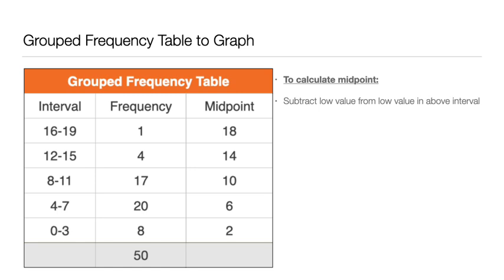So for that range, remember, we took 18 minus 0, and that was fine, right? The top number minus the bottom number. Here, we're not going to do that. We're not going to do 3 minus 0, 7 minus 4. We're going to subtract the low value from the low value of the next interval. So in this case, the easiest one to do is 4 from the second interval minus 0 from the first interval. That gives us an interval size of 4.